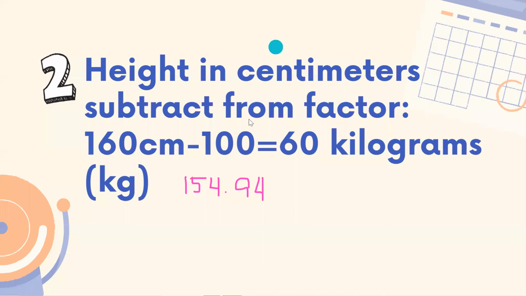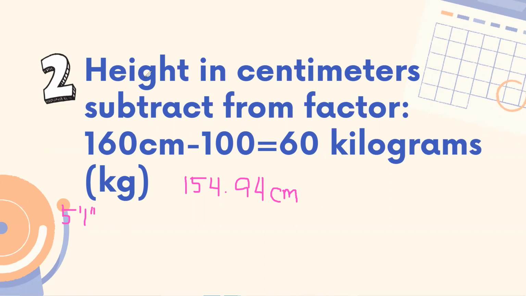So this one here is our answer a while ago because my height is 5'1". I have a height of 5 feet and 1 inch. So this is already converted into centimeters.